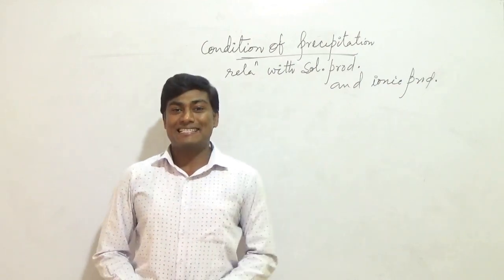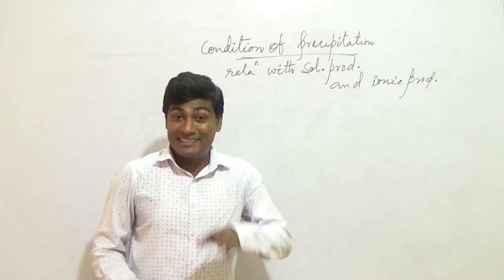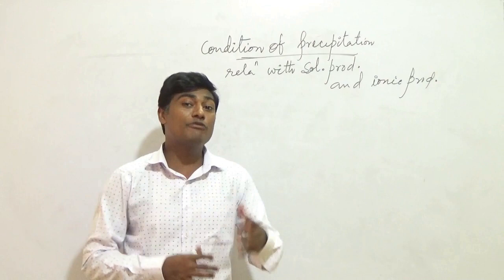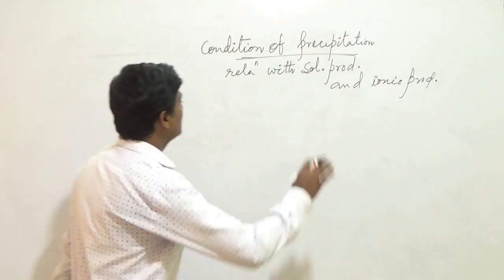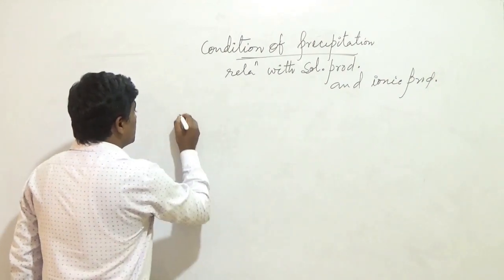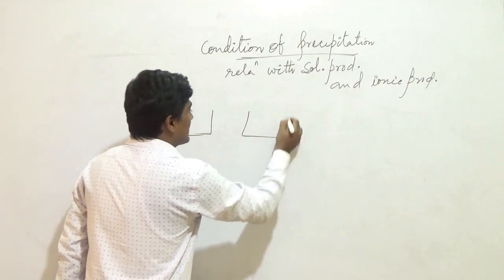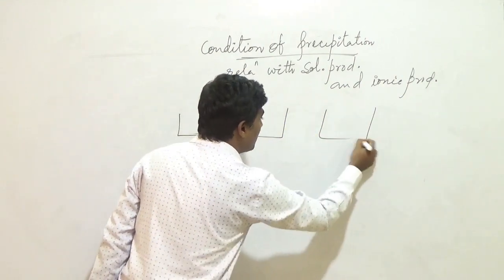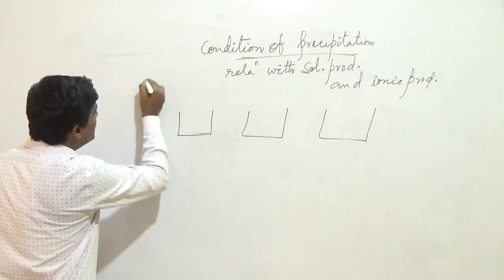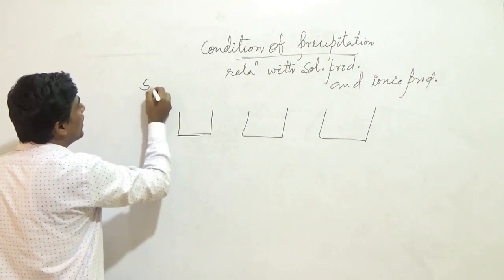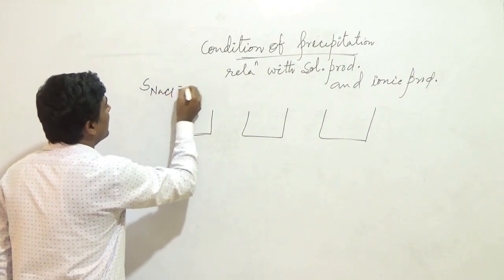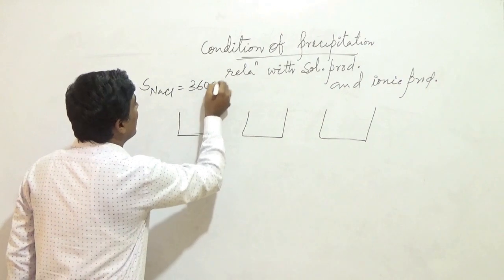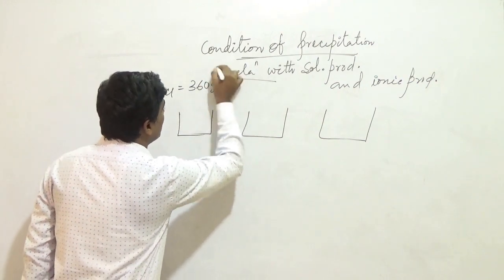To understand this, let us take three different solutions of sodium chloride. So you have three vessels. The solubility of sodium chloride is 360 gram per liter.